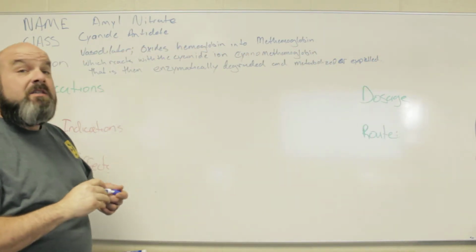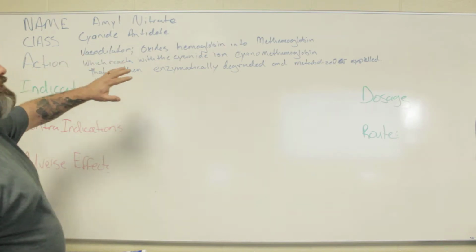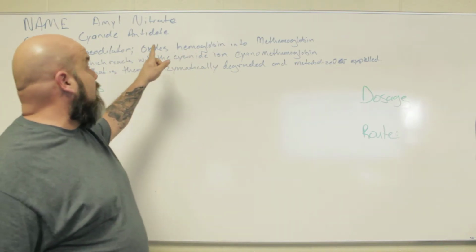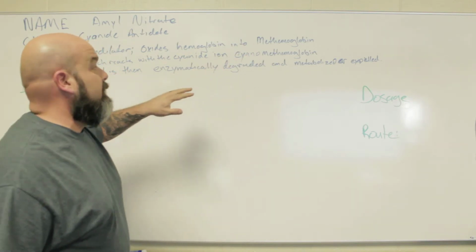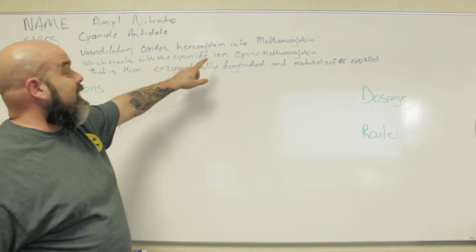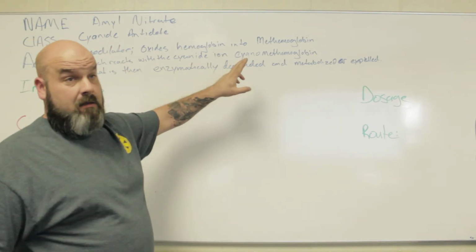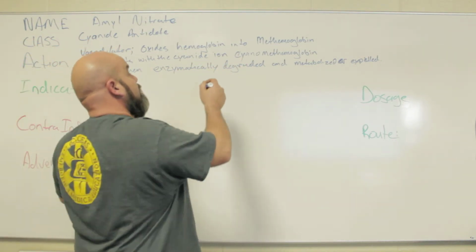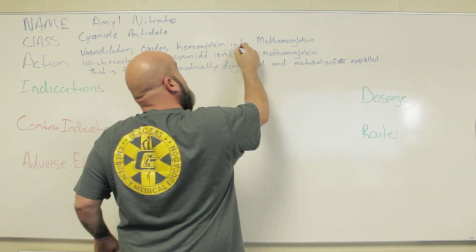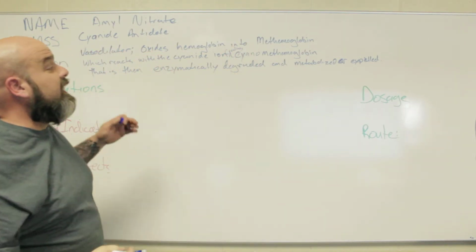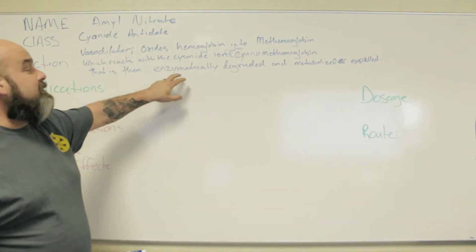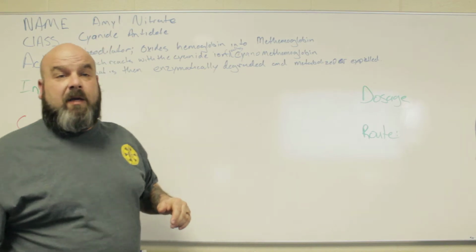Okay, so let's do all that again. So it's a vasodilator, first off. It also oxidizes hemoglobin into methemoglobin, which reacts with the cyanide ion, converting into cyanomethemoglobin, that is then enzymatically degraded and metabolized or expelled.